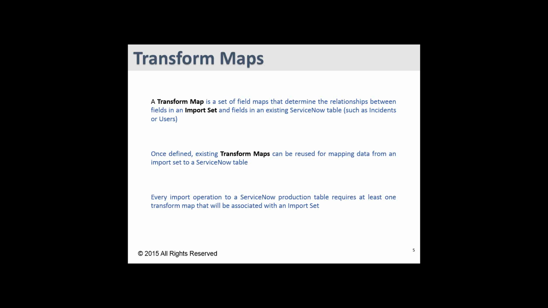Say for example, you created a transform map or a temporary table for loading users. You can use that for further transactions. You need not create a transform map again, because you already created it for user loading. So it can be reusable.